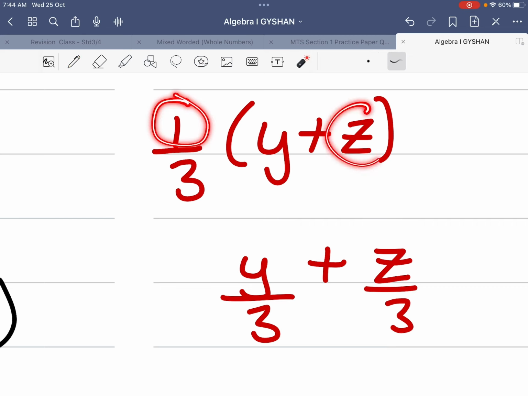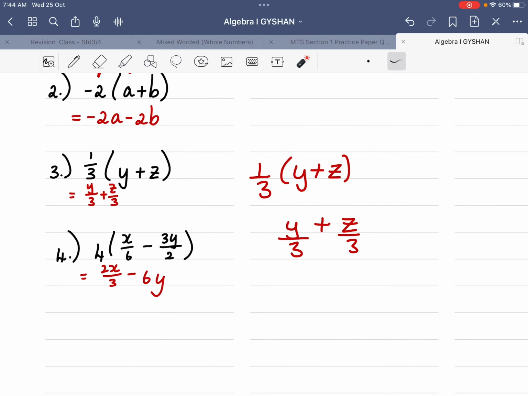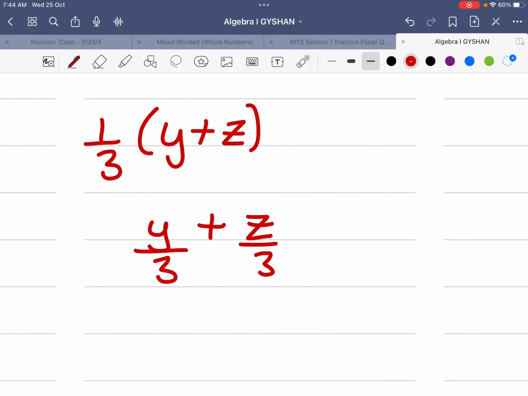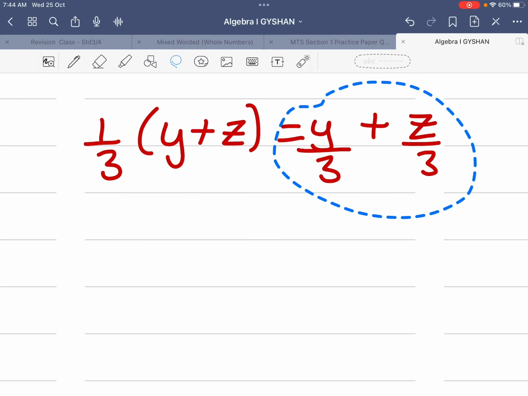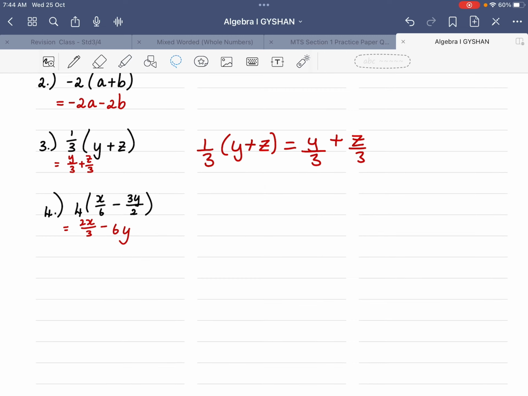Right, 1 times z is z and 3 times 1 is 3. And next, let's look at number 4.